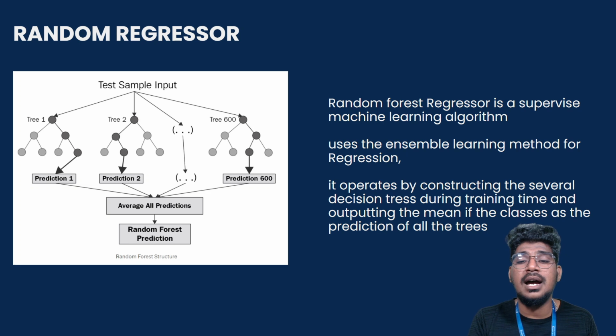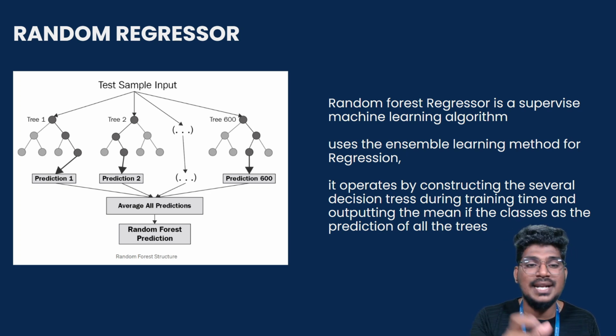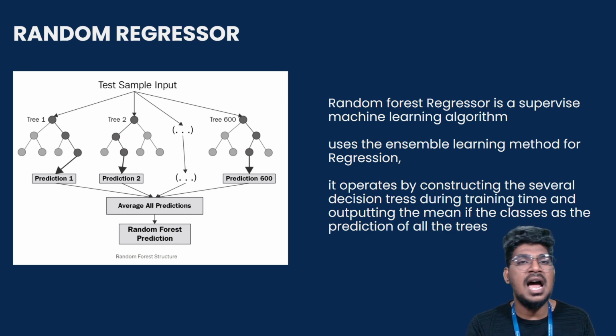So it operates by constructing several decision trees during the training time, and then it gives the result. Each and every decision tree gives one particular prediction. After getting the predictions from each decision tree, we get the 600 trees' output, which means the prediction length will be 600.